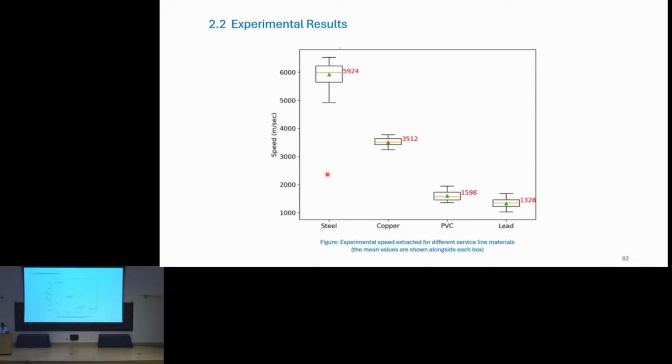Using that, we calculated the speed for different service line pipe materials. Now, as you can see, for steel we got nearly 6,000 meters per second, and for lead we got the lowest, 1,300 meters per second. So the lab experiment gave us hope that we can implement this technology in field conditions.